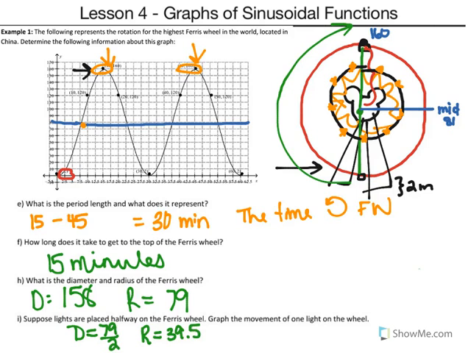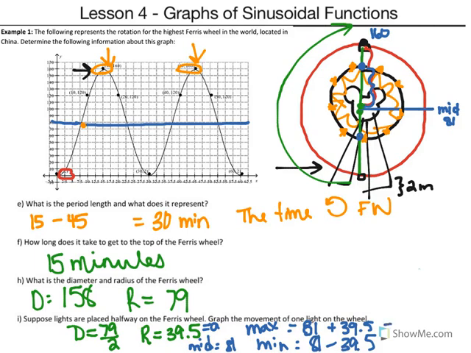Our midline would still be in the center here. So our amplitude will be the radius. So to find our new max and our new min, we're going to take our midline, which is 81, and then add the amplitude, which is our radius. So 81 plus 39.5 is our max, and 81 minus 39.5. And we can round that to 40.